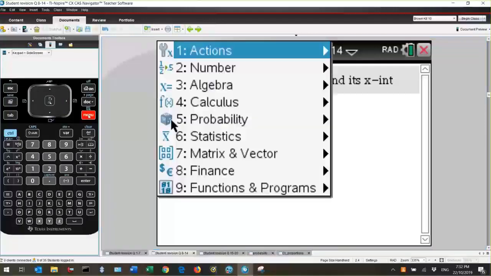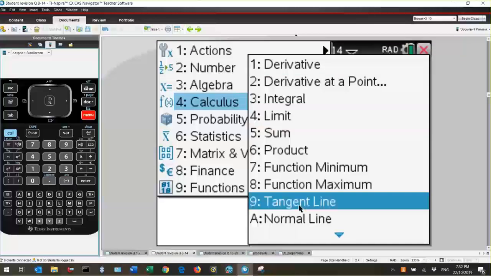Now, what you need to remember about tangent line is that it does not give you the equation of the tangent. It gives you an expression for the tangent line. Now, often, exam questions, especially in section B, the extended response, will ask for the equation of the tangent.